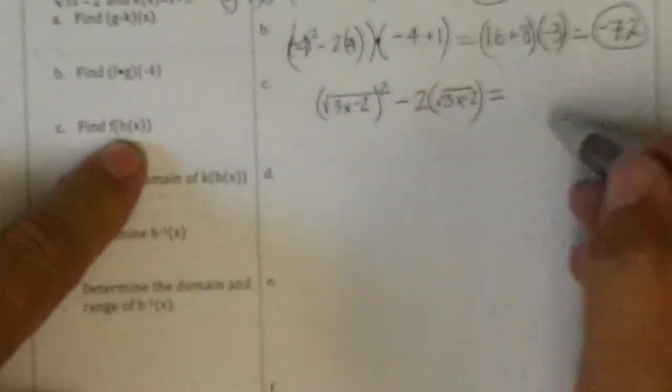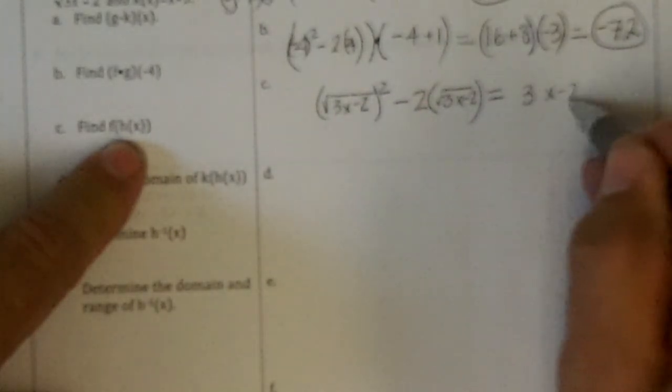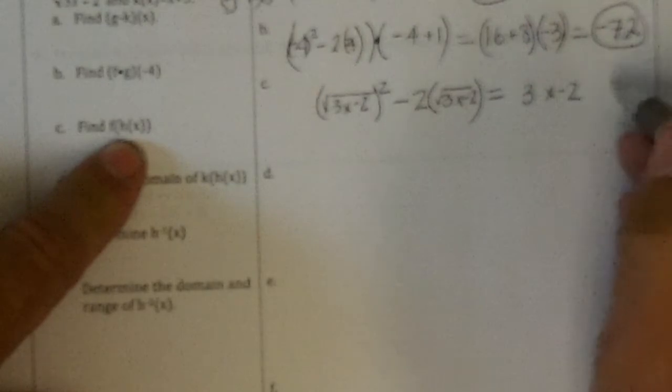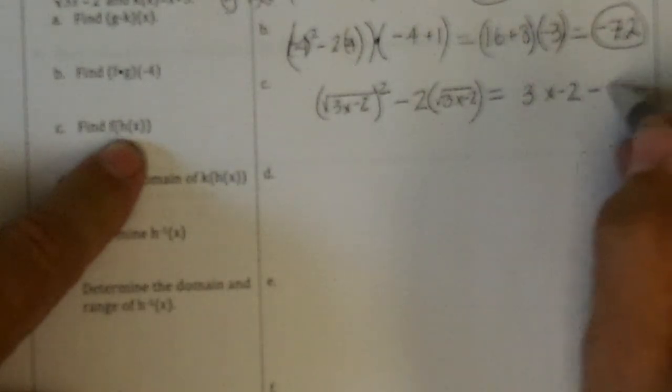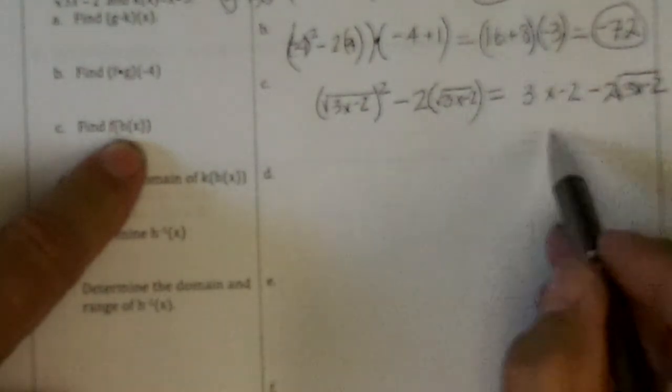So that squared is 3x minus 2, really just the absolute value of that, but I'm going to leave it just that way, minus 2 times the square root of 3x minus 2.